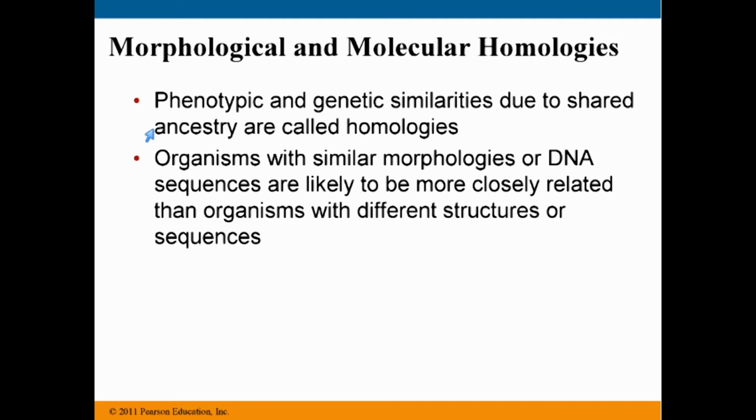That's the homology. So phenotypic is what you can see, so what you can see is morphological. And genetic is going to be at the molecular level, looking at the DNA and looking at the proteins. So these homologies would be based upon similarities due to that shared ancestry.